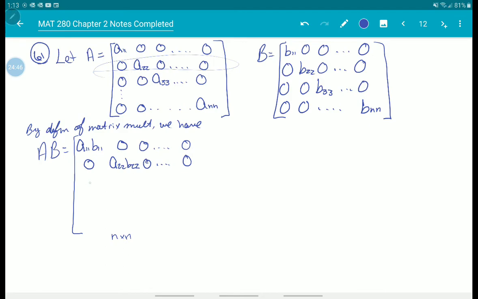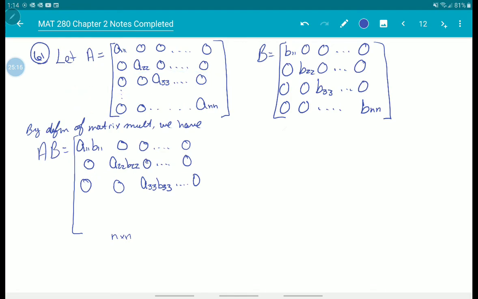And then if we move to that next one, you're going to see the same kind of thing come out. So third row, first column would be 0 plus 0 plus 0, and so on. Second column, 0 plus 0 plus 0, and so on. Third column, that's where we're going to have something: 0 plus 0 plus A33 B33, plus 0, plus 0, plus 0, and so on.